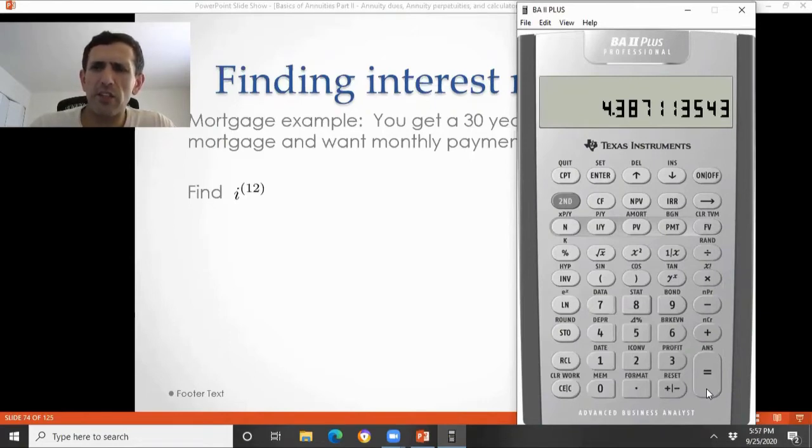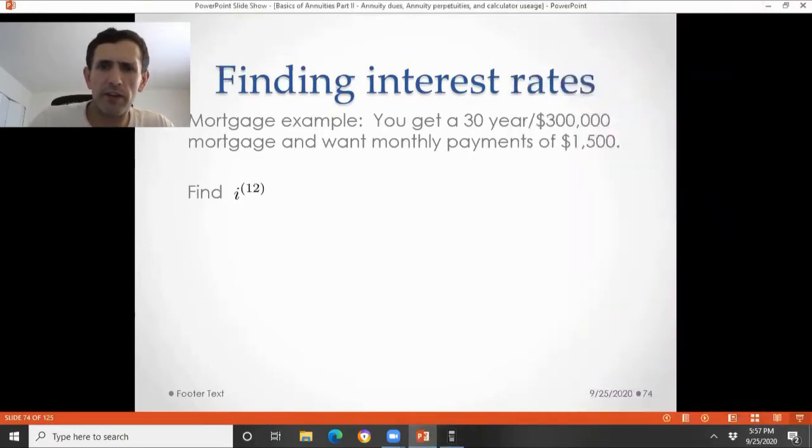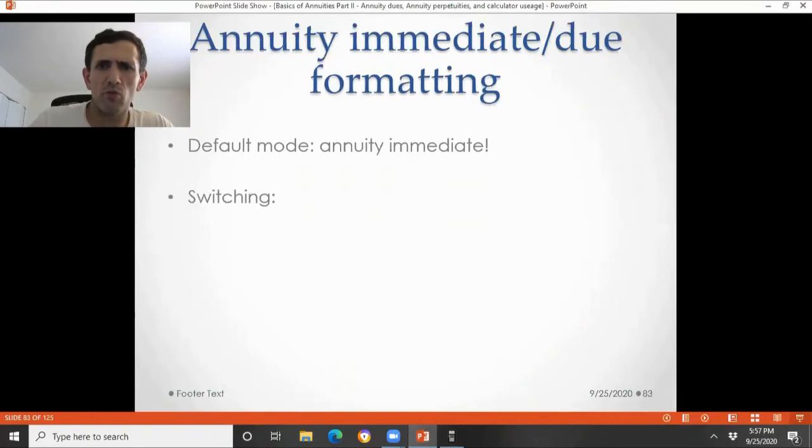And that is, as a percentage, the nominal interest rate compounded monthly for this mortgage. And I recommend you actually track that. You basically do the problem again by a formula, so track that you get this answer.